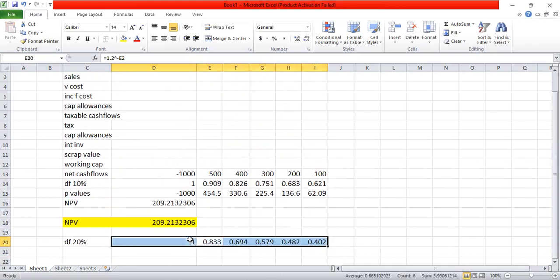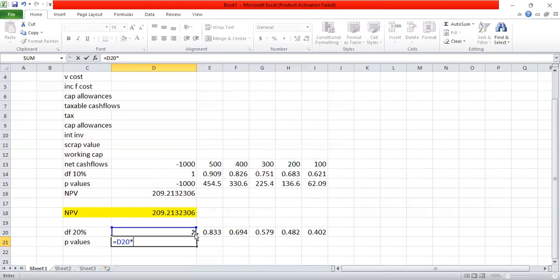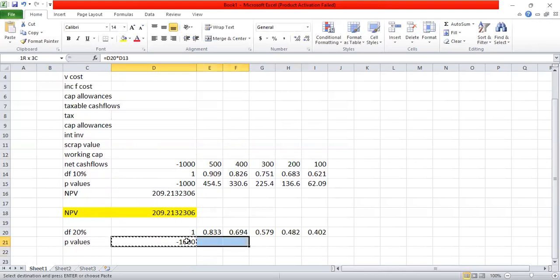Now calculate again the present values. For the present value, this discount factor multiplied by the cash flow, and copy the figures into the next cells.